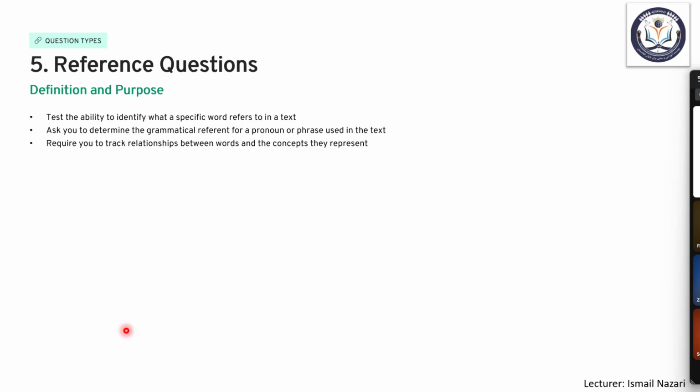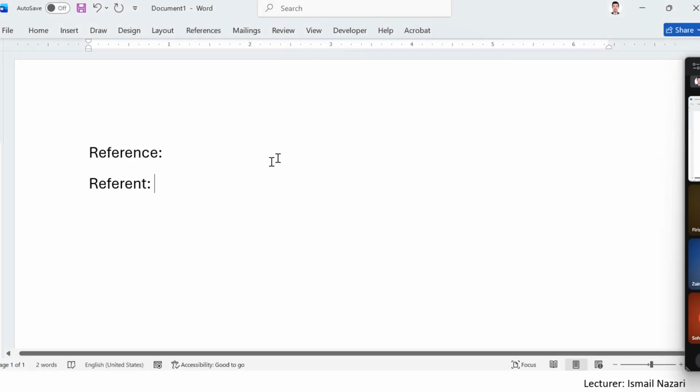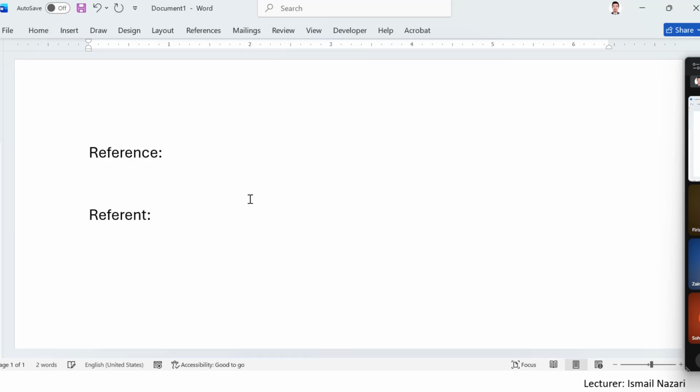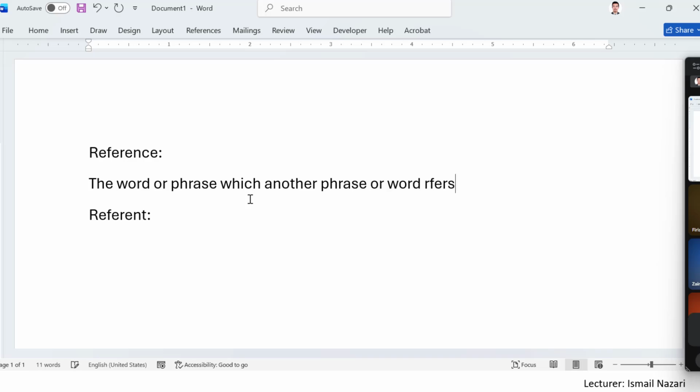Now let's get into the reference question. What is a reference question and why do we have it? Inside a sentence, or if you have a specific paragraph, we have reference. Reference is actually the word or phrase which another phrase or word refers to.